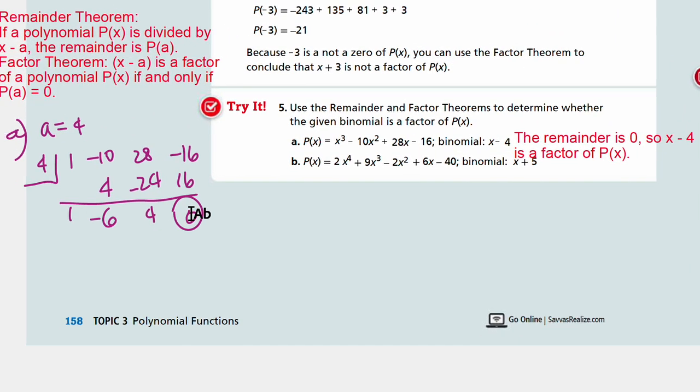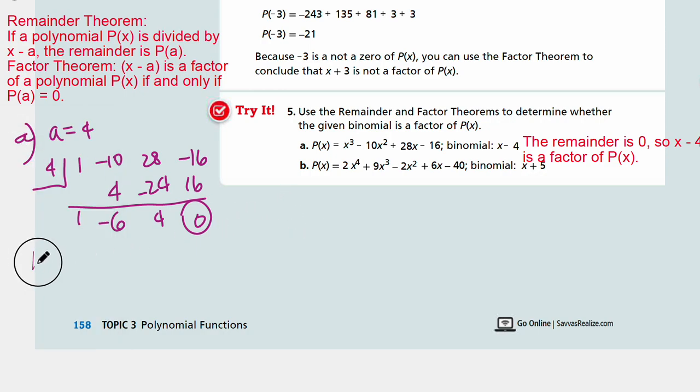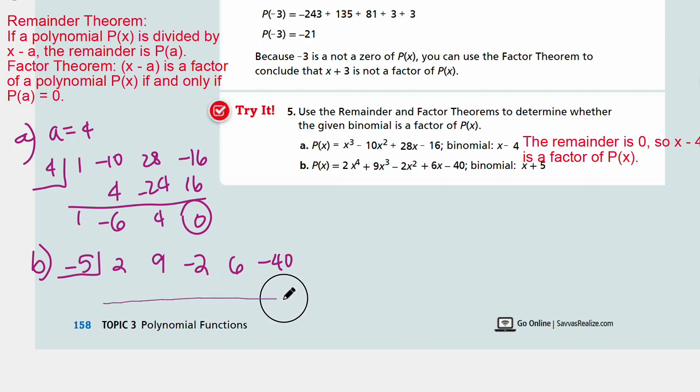Okay, what about part B? So for part B, you're going to use a is equal to negative 5, and then use synthetic division, 2, 9, negative 2, 6, and negative 40. Put 2 down, multiply, and add, multiply, and add, multiply, and add, multiply, and add.